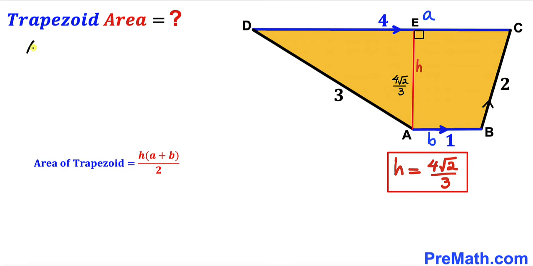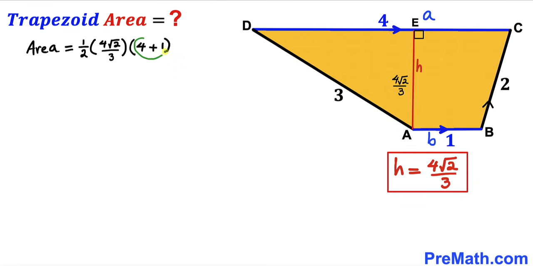So therefore the area of this trapezoid is going to be a half times our height is 4 times square root of 2 divided by 3, and then times our A length is 4, our length B is 1, and now we can see 4 plus 1 is going to give us 5, as you can see in this next step.